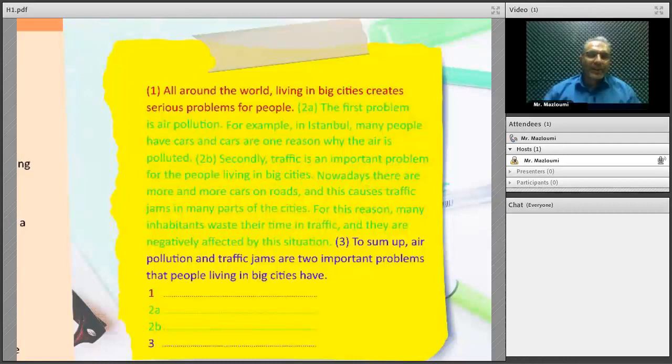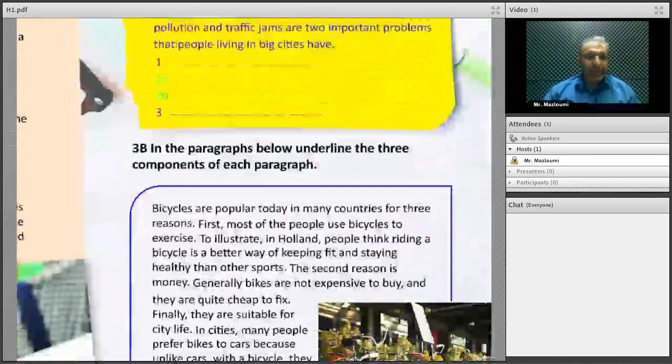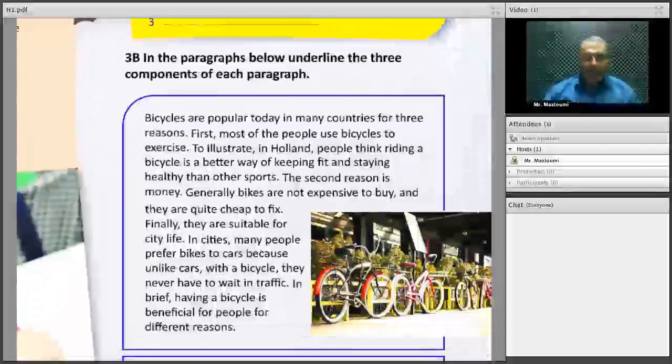It is well organized, the topic sentence is clear, the supporting ideas are all related to the topic sentence, and they help develop it. There is no irrelevant, there is no unrelated idea in this paragraph. Okie dokie, let's move on.